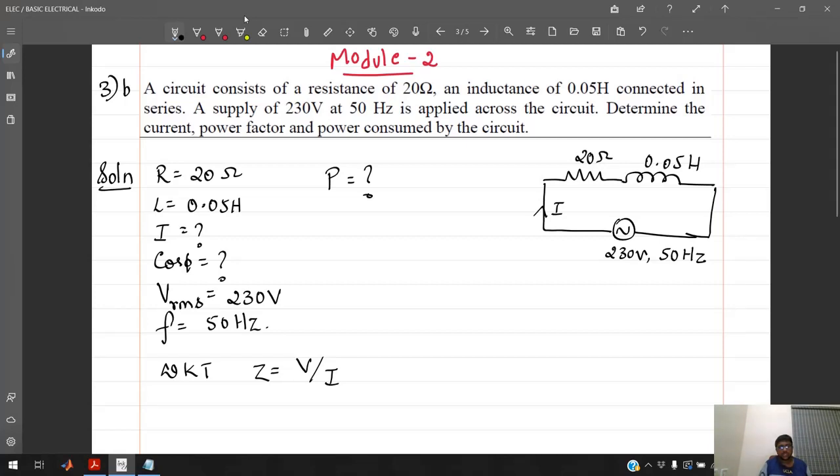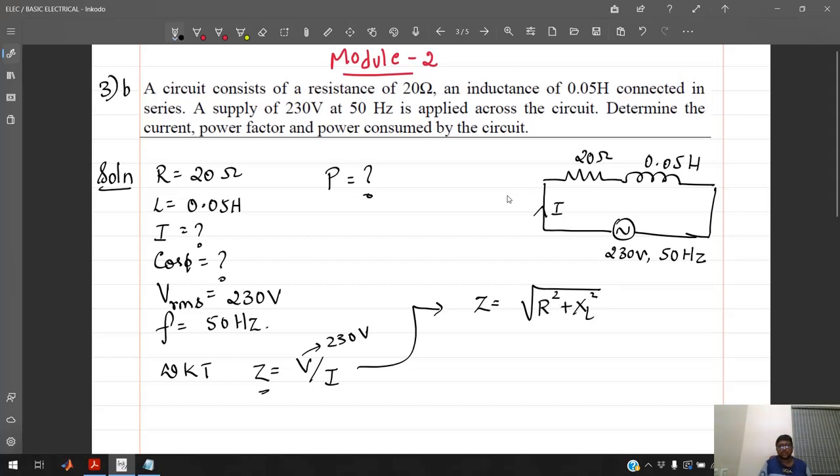VRMS is known, that is 230 volt, but I you do not know, and Z you do not know. So first you need to calculate Z so that you can calculate the value of I. So let us solve from this step. Z is equal to square root of R square plus XL square.